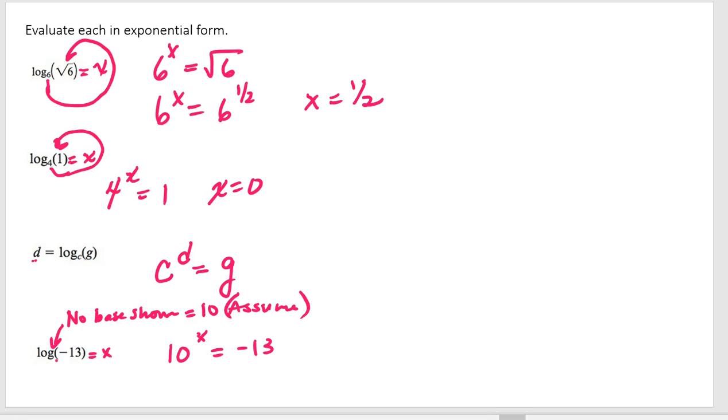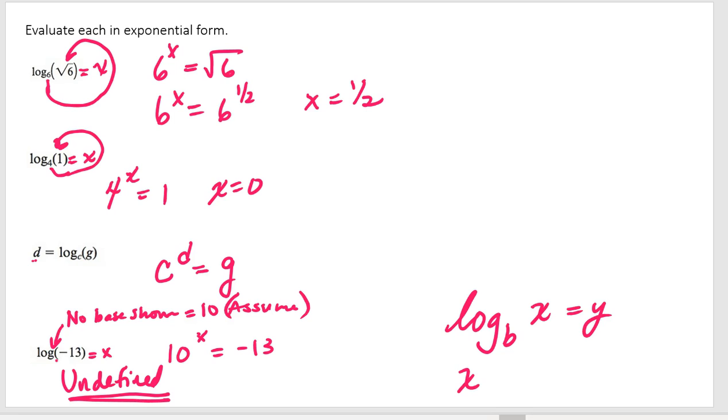So is there any exponent that I can raise 10 to and get -13? No, there's not. So this is called undefined. If you remember, when we defined log in the notes, we said that x has to be greater than 0. So you must have a positive here.